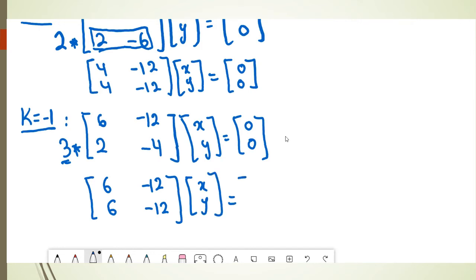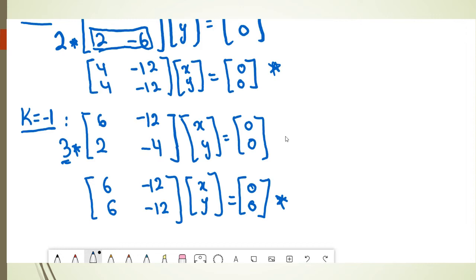Also, this system has an infinite number of solutions. So we get two systems that has an infinite number of solutions, and like this, the answers are acceptable.